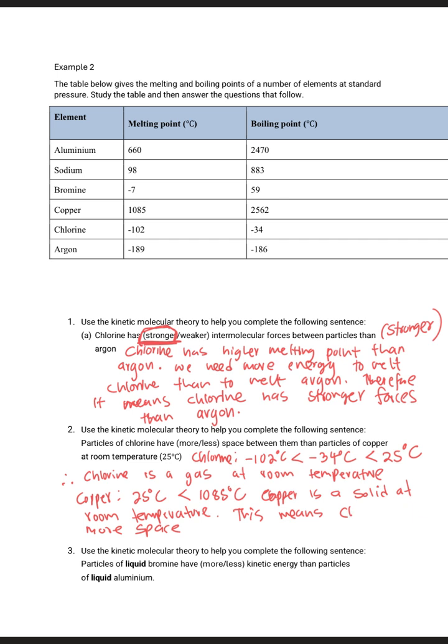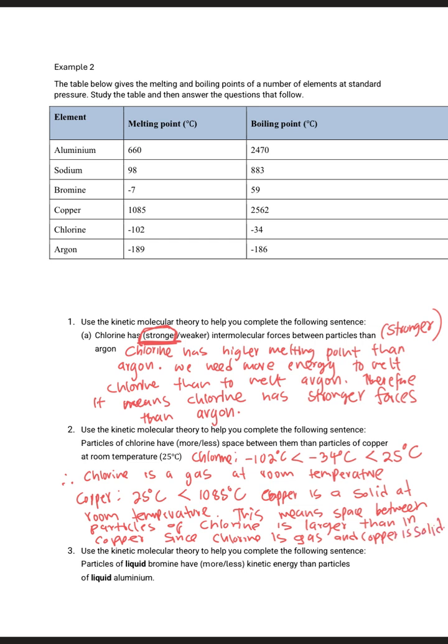So this means the particles that make chlorine, the space between the particles of chlorine is larger than in copper, since chlorine is gas and copper is solid at room temperature.